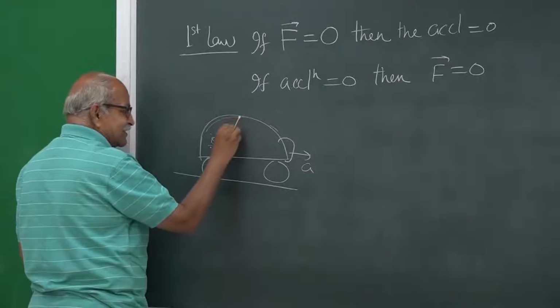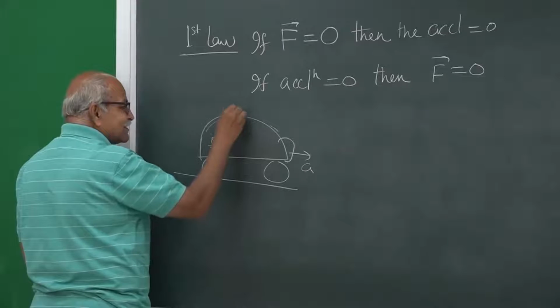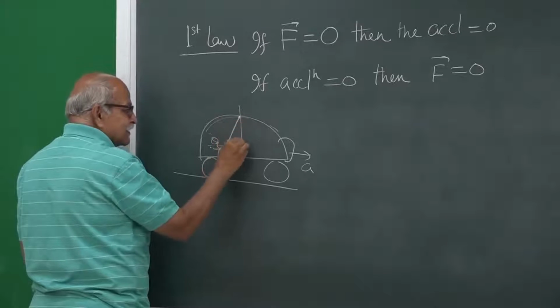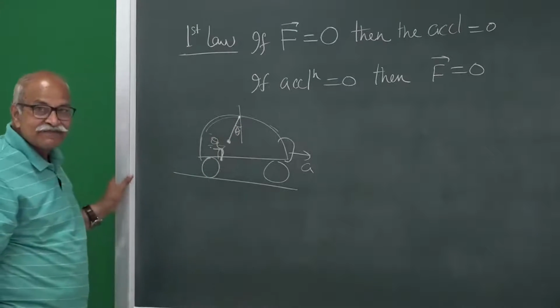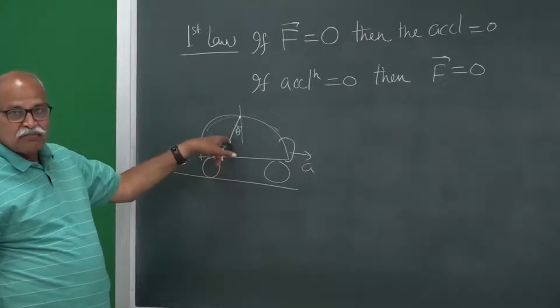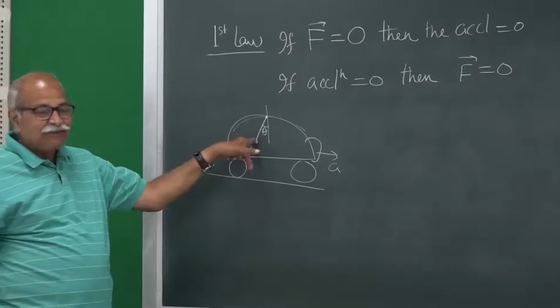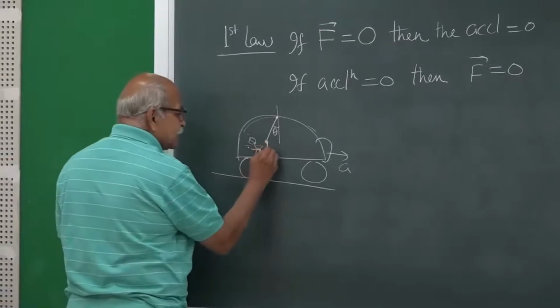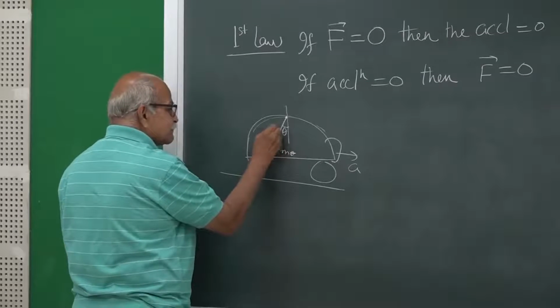I see that the pendulum string does not stay vertical, it makes some angle theta with the vertical. Now, if I think of this particle, the bob of the simple pendulum, what are the forces? The forces are its weight mg and the tension T.